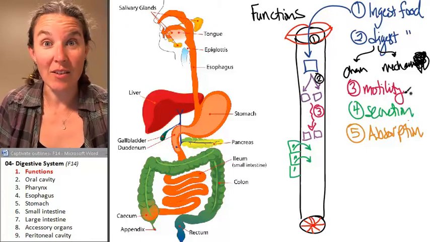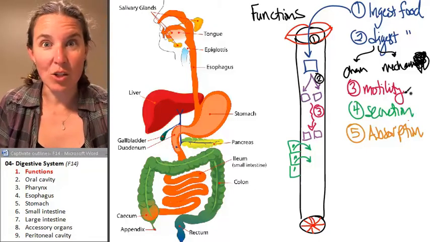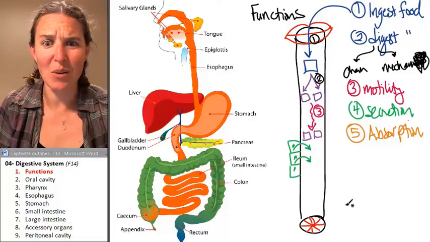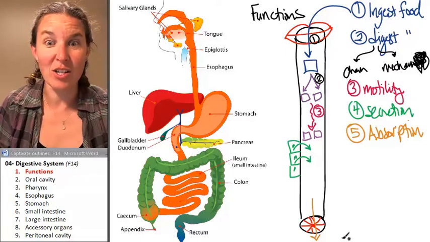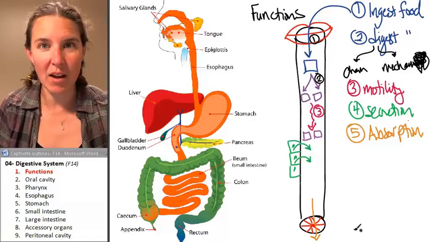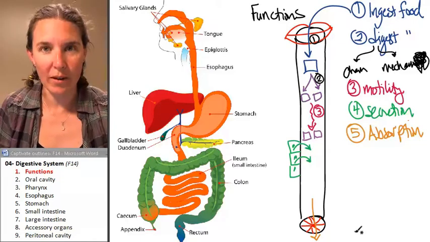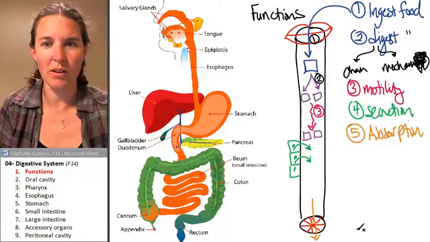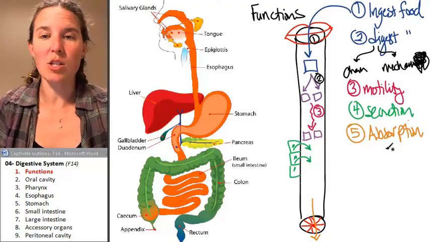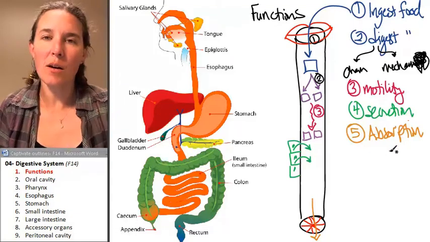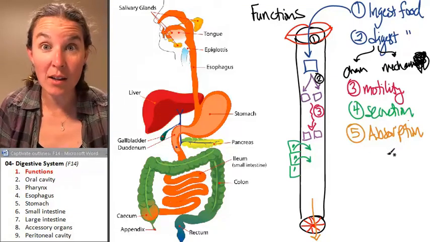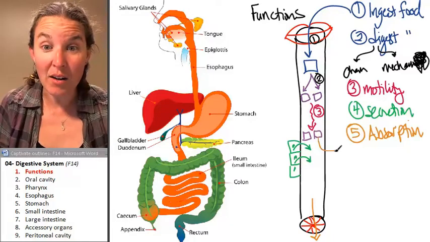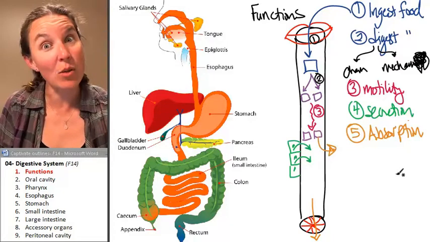So break it down. Don't leave it in the tube, because guess where the tube is going? Yeah, that direction. Anything you leave in there is going to end up in your toilet. Hopefully, it's your toilet. I don't really want to think about that too much. But anything that we want, we better get it out of there through the process of absorption.